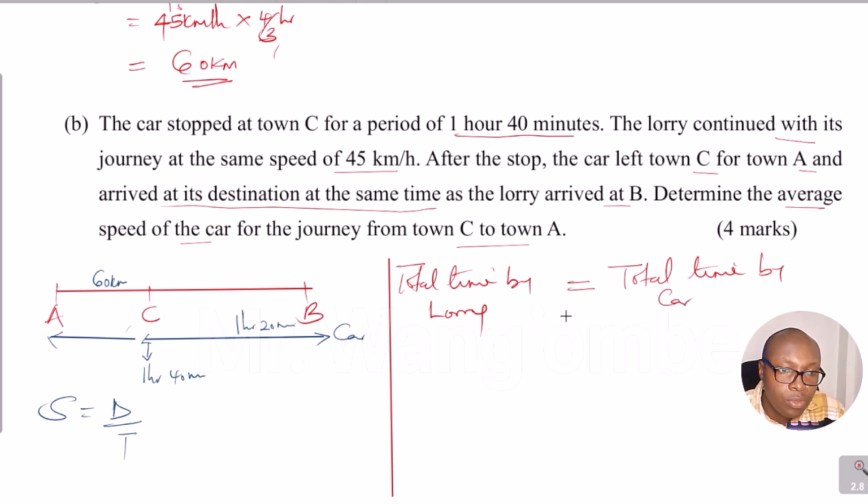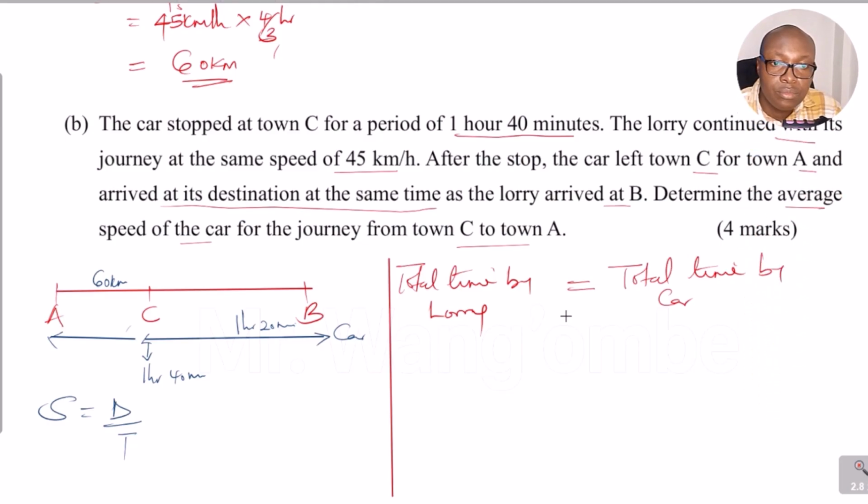Whether the car stopped or did not stop, the time taken by the lorry should be equivalent to the total time taken by the car, because we are given this very important statement that they arrived at the same time at their respective destinations.